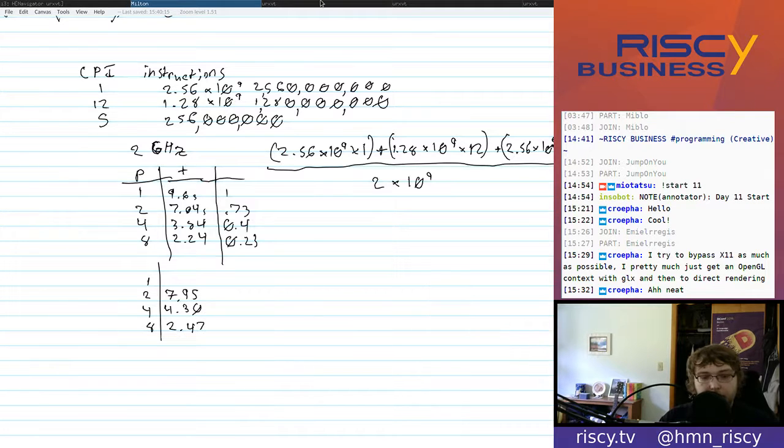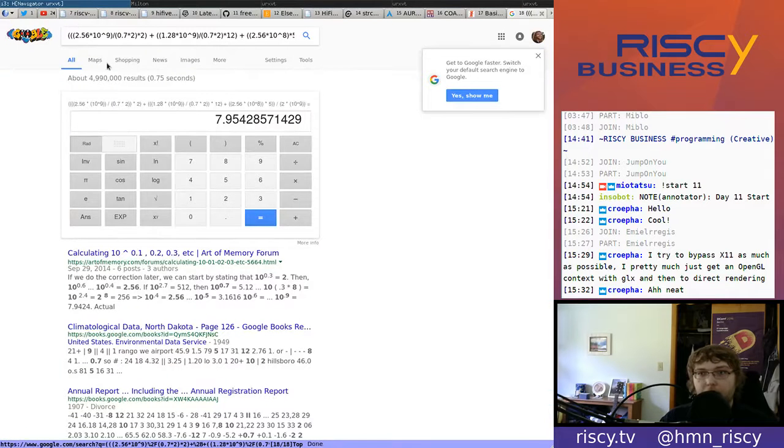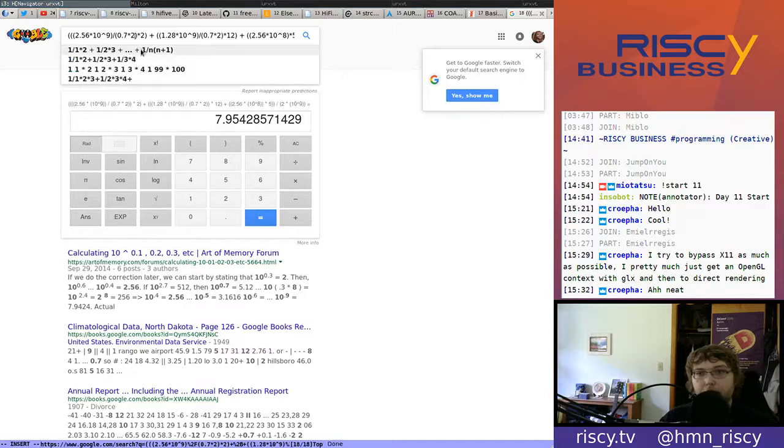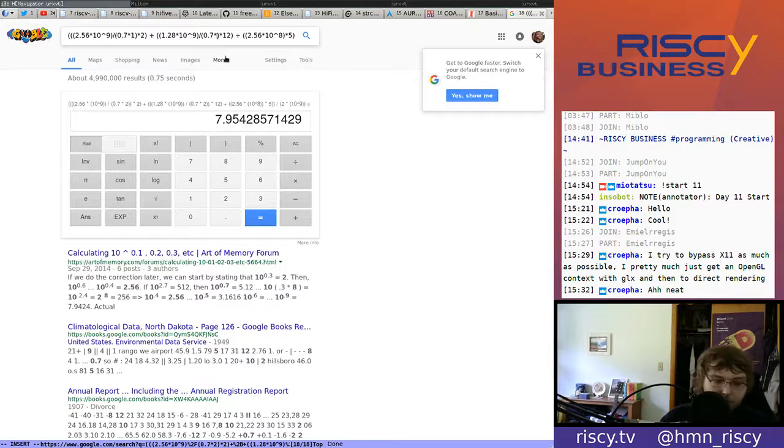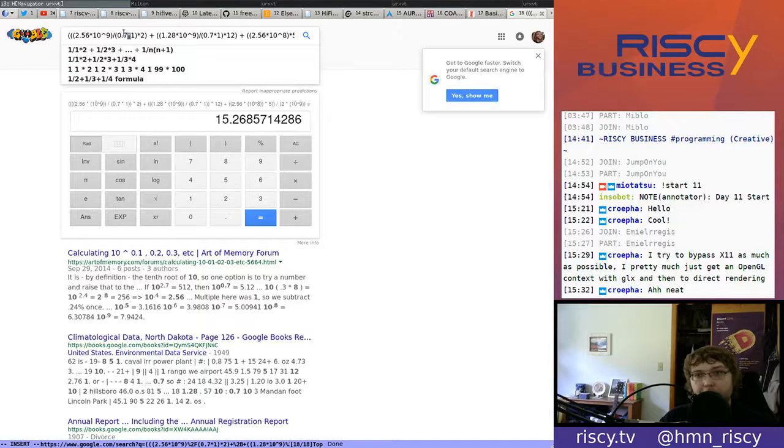All right. Next we have a single core. Or wait, for a single core, it wouldn't be times 0.7.